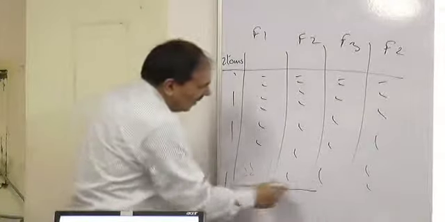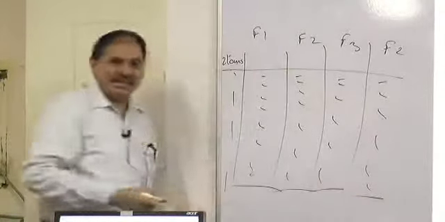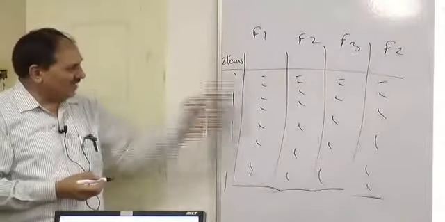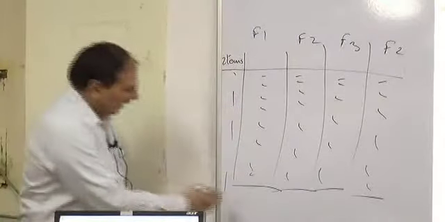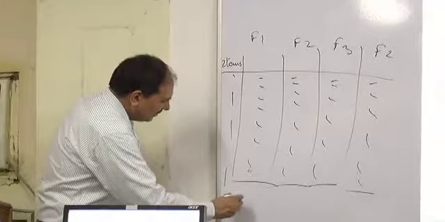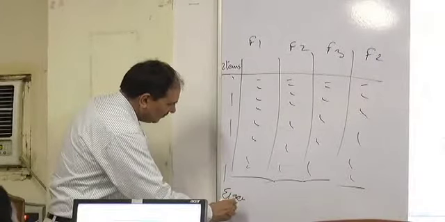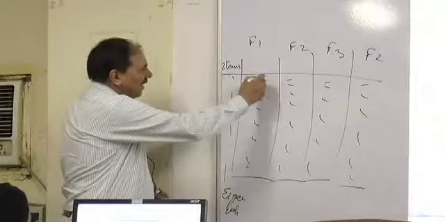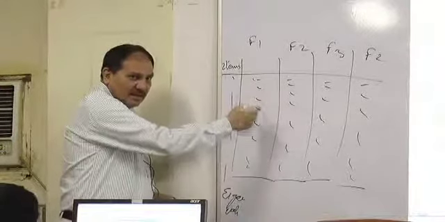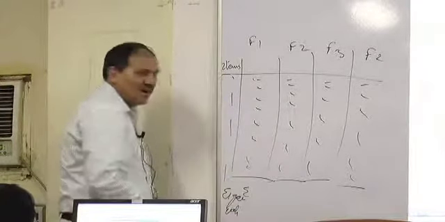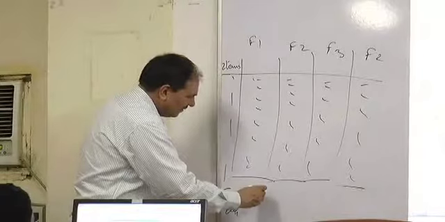Now, if I square these loadings and add together, I will get the eigenvalue for each of these factors. Eigenvalues are the squares of loadings added together, the summation of loading squared.